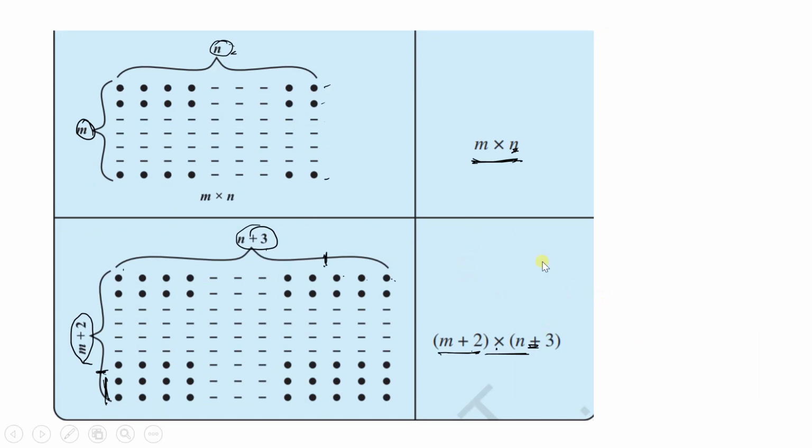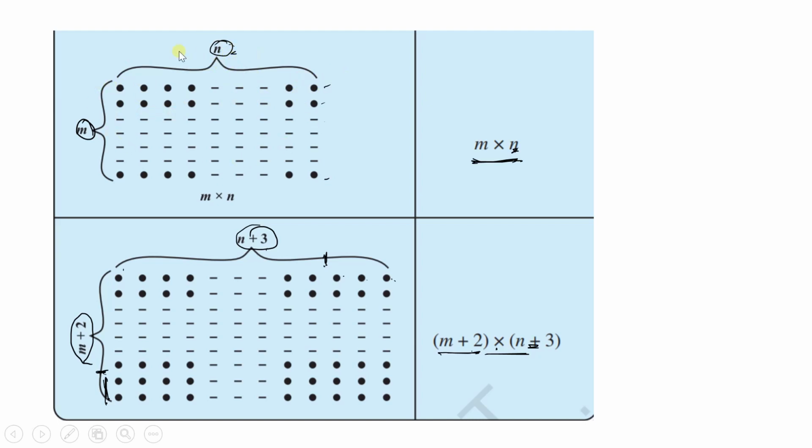Here we have n dots. Let the number of dots here be n, and there are m rows. The number of rows is represented by m and the number of entities in each row is represented by n.